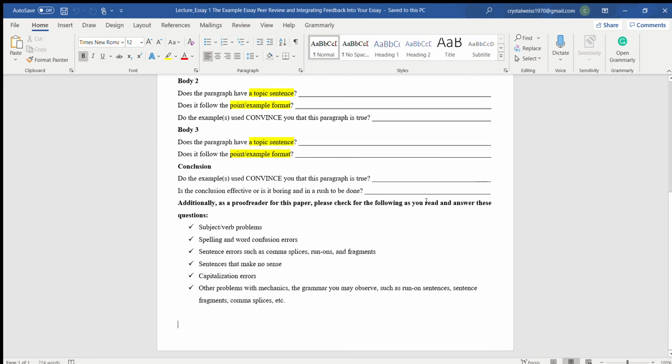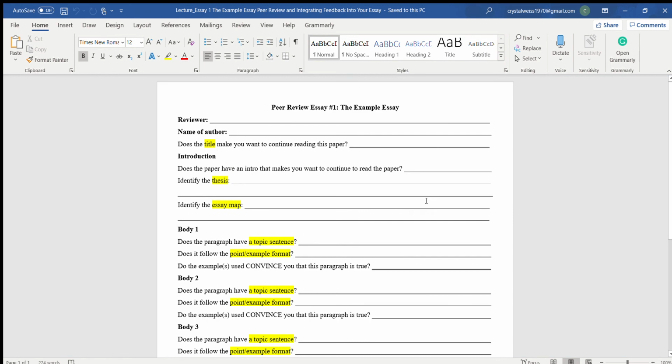Now, you need to understand something. Whenever I go to grade your essays, I look to see, did you listen to me when I made comments on that outline? Did you pay attention to what your reviewer said about your paper? I do take those things into consideration when I'm grading you. So it is very important that you do attempt to integrate your feedback from all of these situations into your papers.